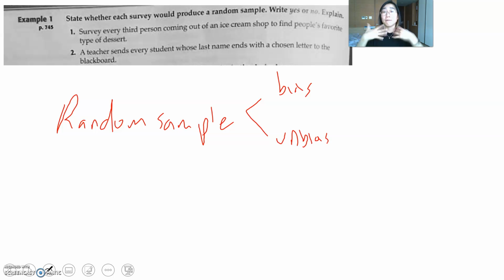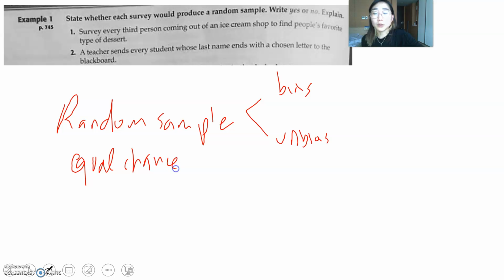So if it's a voluntary sample, meaning you can volunteer to do the survey or not, then your sample is going to be very biased because people who have a stronger opinion will participate.